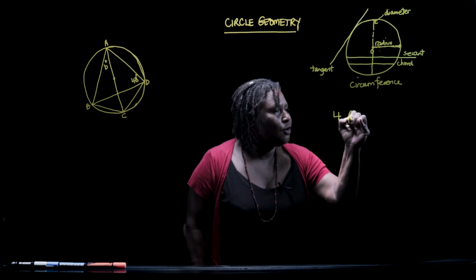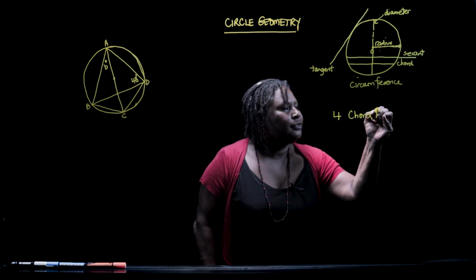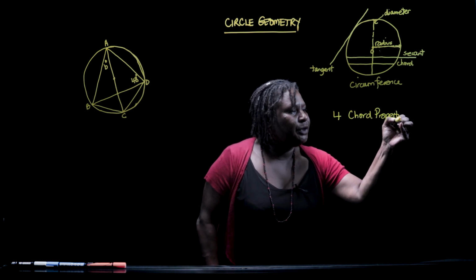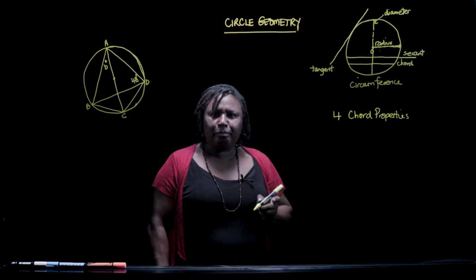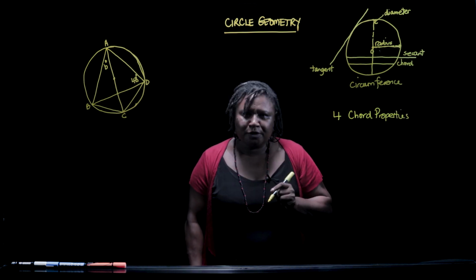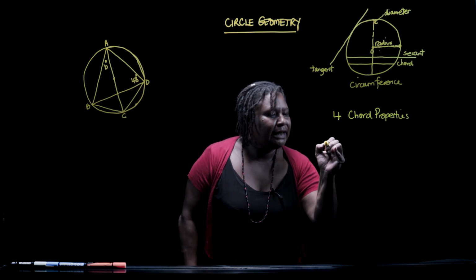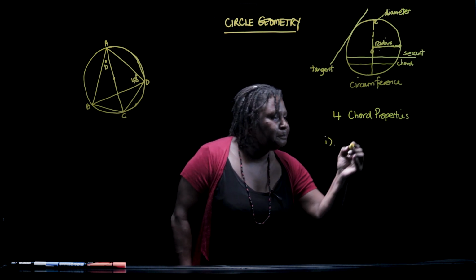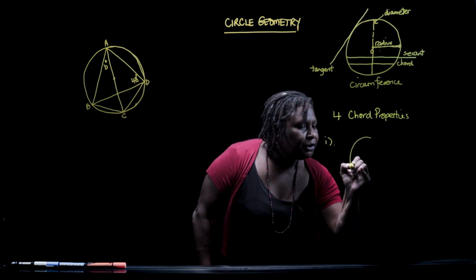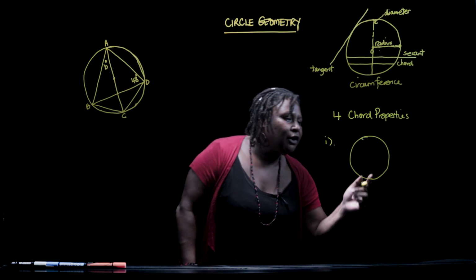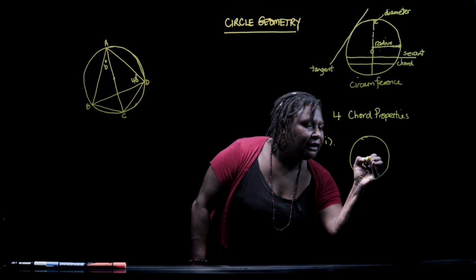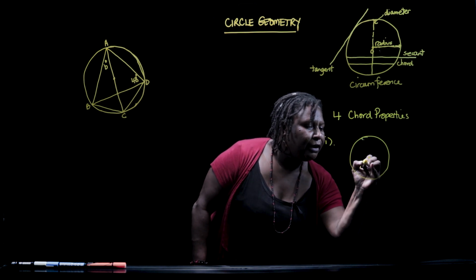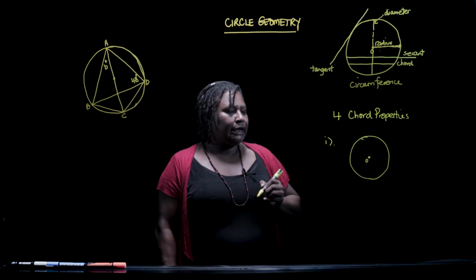So there are 4 chord properties, all right? We are going to use diagrams to help us go through those 4 chord properties, okay? The first one, and we're going to use diagrams, all right? So here's our circle. We have the center of the circle marked by O, okay?